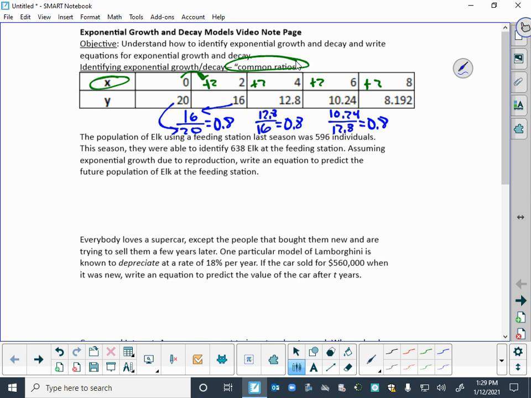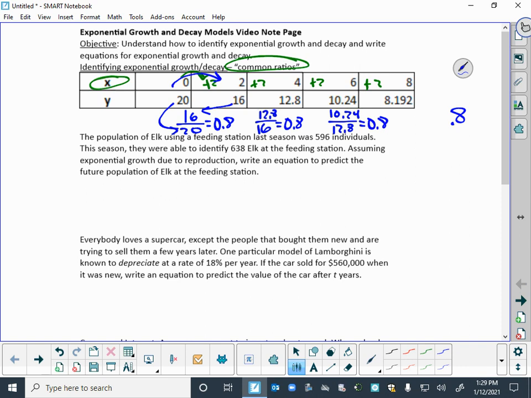Now, I might want to get an equation for that. Okay, so this is where the skipping by 2 across the top instead of by 1 becomes a little bit trickier, because this number 0.8 is definitely the number that I'm multiplying by over and over again. But if my input is 2, I only want to actually multiply by 0.8 one time. And I can see that in my table here.